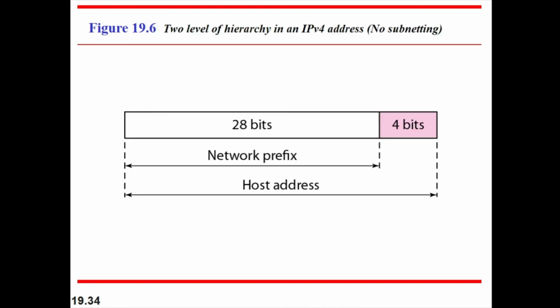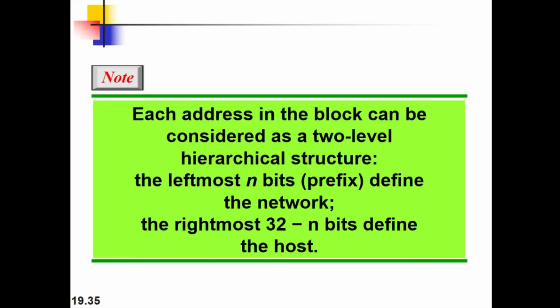So there are two levels of hierarchy in an IP address, before subnetting. We have 28 bits and 4 bits here, 28 plus 4 bits equals 32 bits. And then we have the network prefix, and we have the host address. The first 3 bytes refer to the network prefix, and the whole last byte refers to the host address.